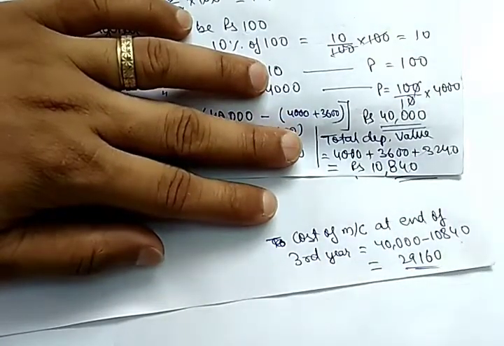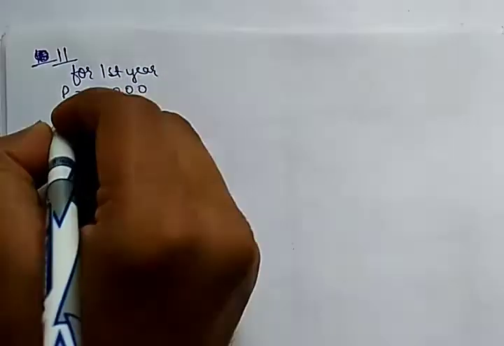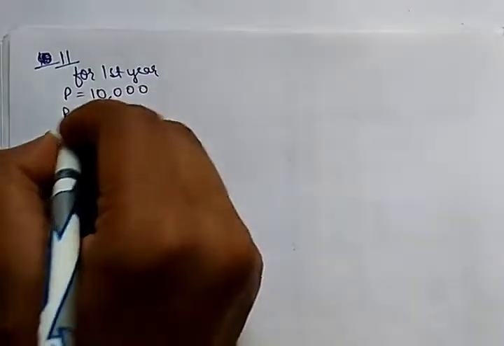Question number 11. A man borrows rupees 10,000 at 10% compound interest compounded yearly. At the end of each year, he pays back 30% of the sum borrowed. 30% of the sum borrowed means 30% of 10,000. How much money is left just after the second year? So for the first year, principal is 10,000, rate is 10, time is 1.